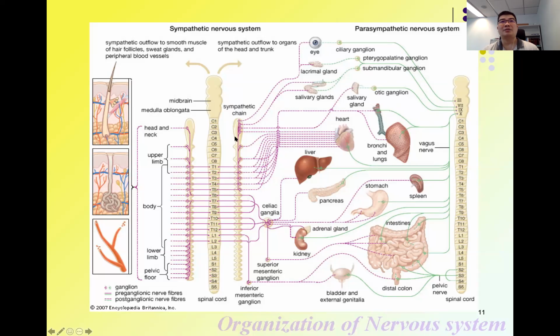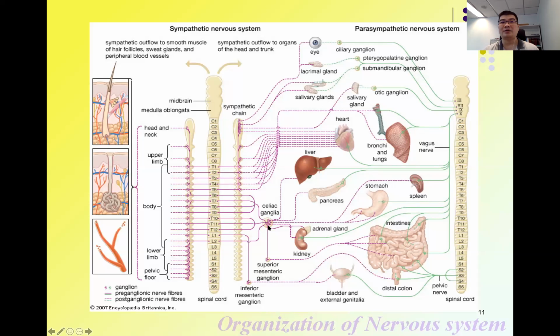So you can see that both the sympathetic and the parasympathetic systems control a lot of organ functions, and that's also the reason behind that. If the brainstem is lost, then you cannot stimulate respiration or control the heart rate. So that's the reason why the brainstem is so important.